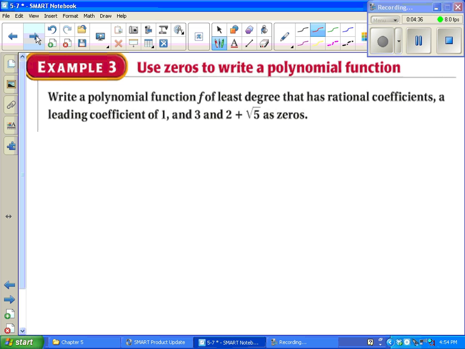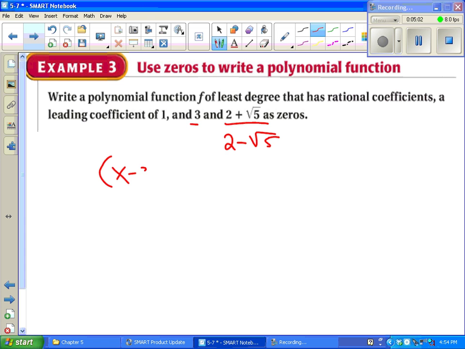Next up, it says we're going to write our own polynomial of least degree, meaning if we can make a 3rd degree, let's make a 3rd degree. And we're told the leading coefficient needs to be 1, and it gives us 2 zeros. If you remember from the last slide, since 2 plus square root of 5 is a zero, 2 minus square root of 5 has to be a zero also. Now we can write out our factors.